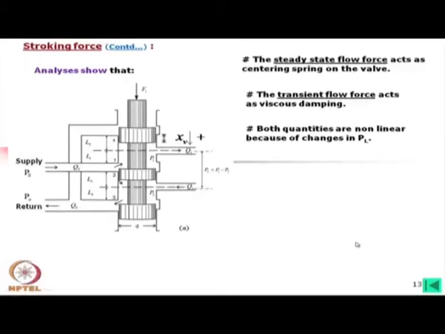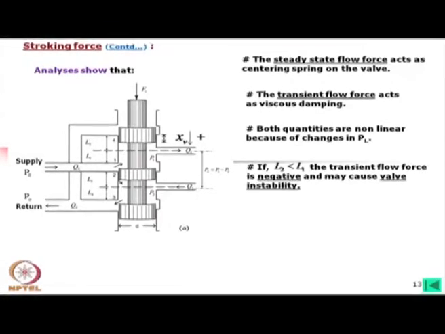What we do is linearize in the vicinity of the operating point and then try to apply the control there. Look at this figure: if L2 is less than L1, the transient flow force is negative and may cause valve instability.